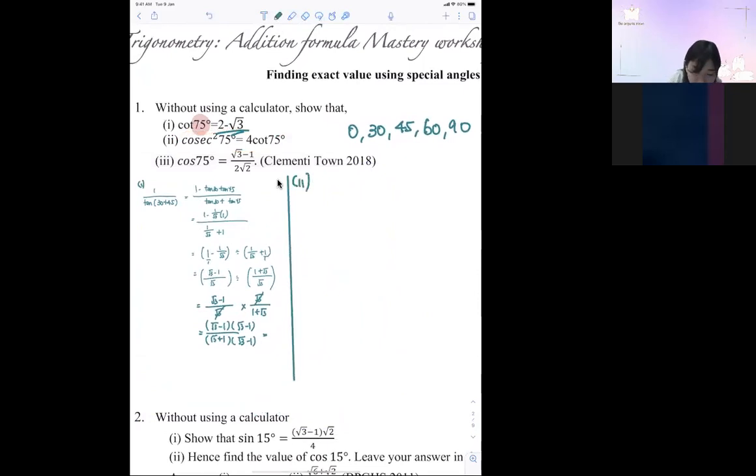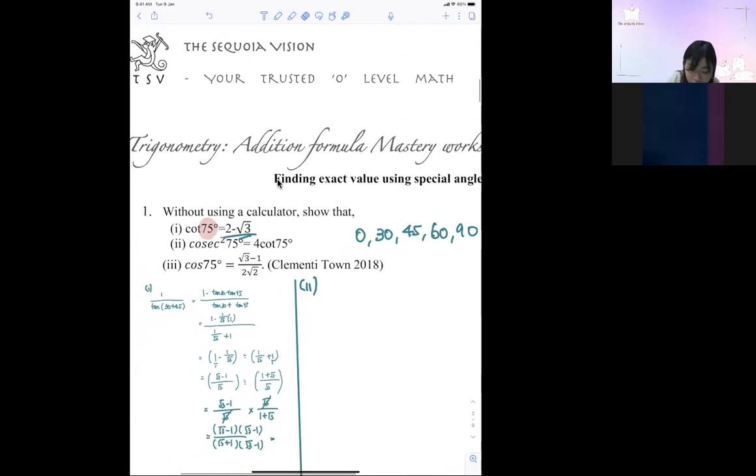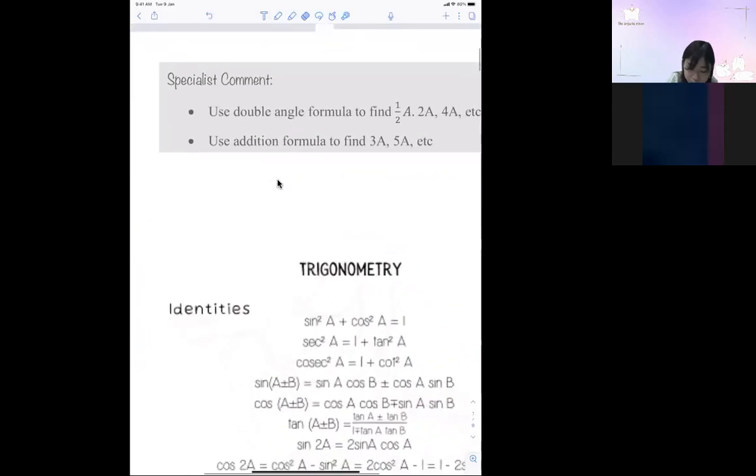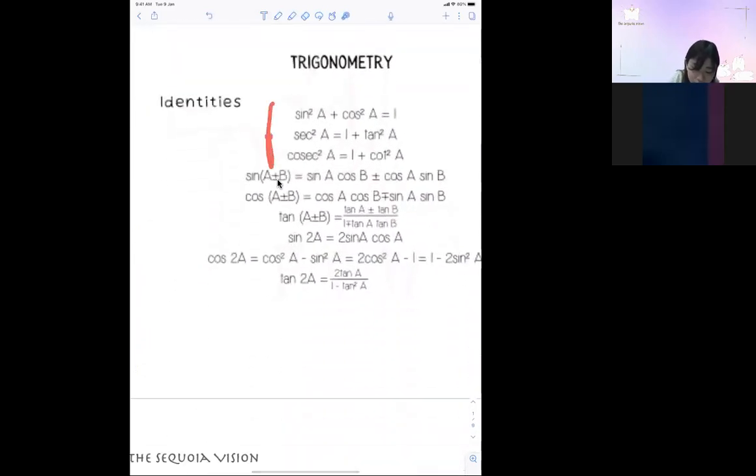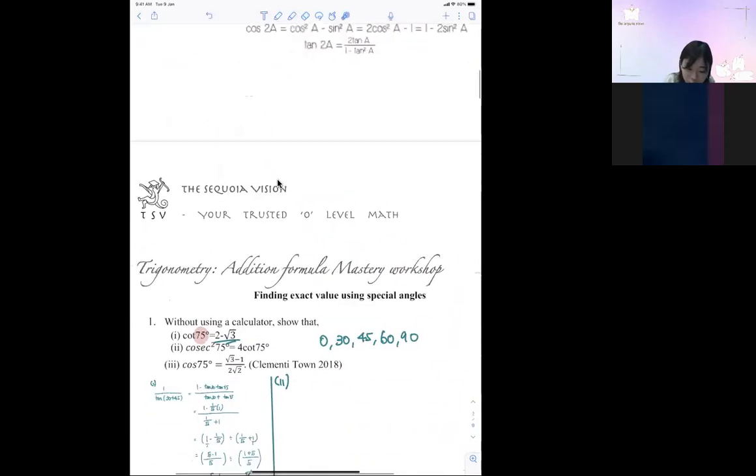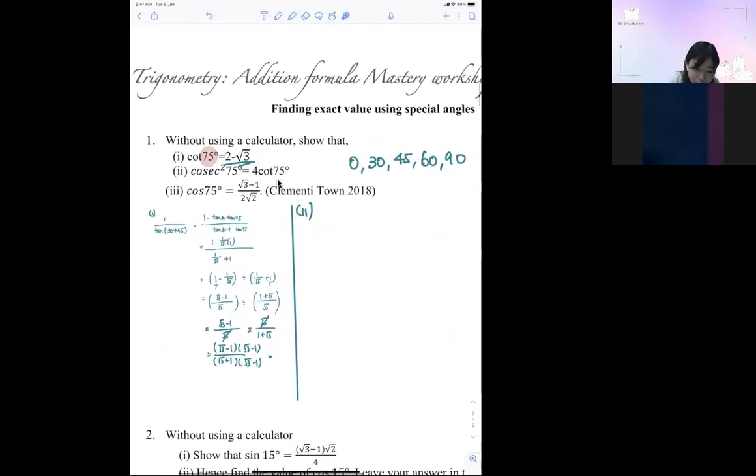For part 2, you see cosecant square, you see cotangent. Maybe they link. To know if something square links with the other one, we use the formula here. Can you see that cosecant square equals 1 plus cotangent square? So can I say that cosecant square 75 is equals to 1 plus cotangent square 75?